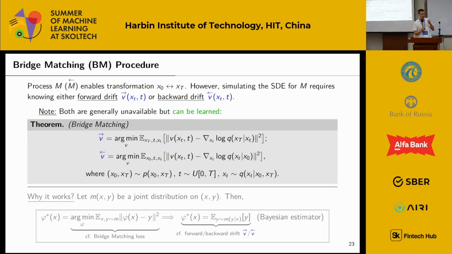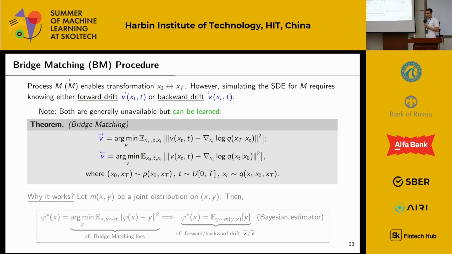But fortunately, one may design an optimization loss, just like in flow matching, which allows to recover this unknown drift function of the Markovian projection. And this loss differs for the forward and for the reverse Markovian projection because it recovers the same process but in different time. But it can be expressed in the following form.